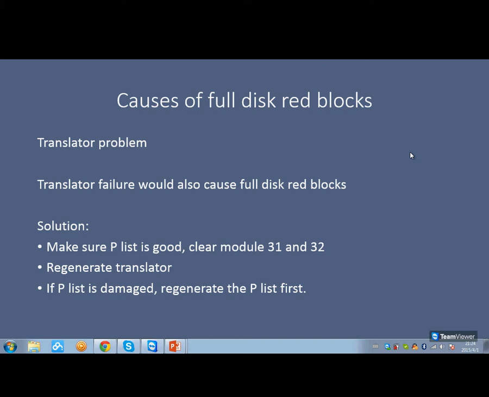Okay, so the solution is not hard. First, you have to make sure the playlist is good. This is because if the playlist is not good, you cannot regenerate the translator.